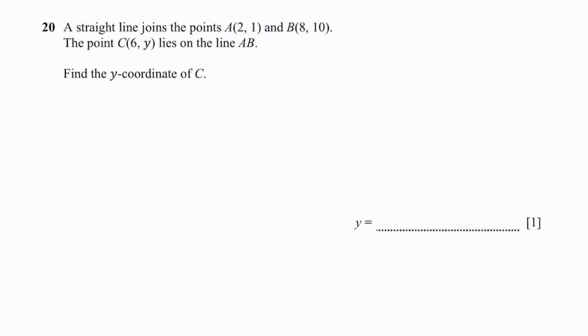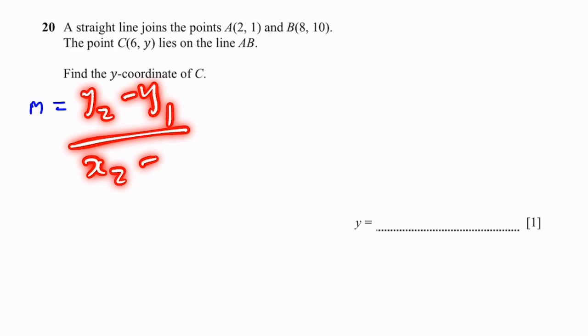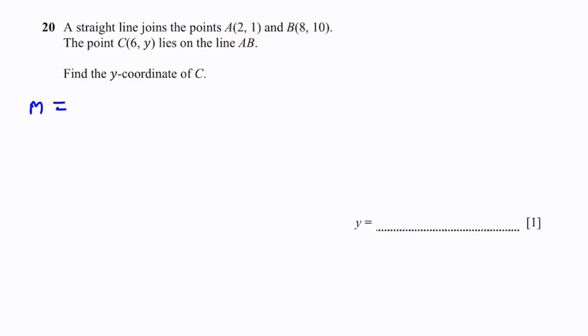The gradient m will be y2 minus y1 over x2 minus x1, which means the y of the second point minus the y of the first point over the x of the second point minus the x of the first point. So that'll be 10 minus 1 over 8 minus 2, which is 9 over 6, which is 3 over 2.